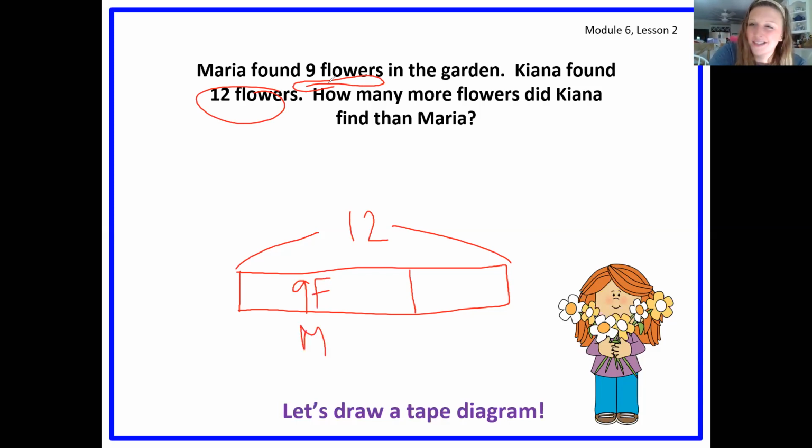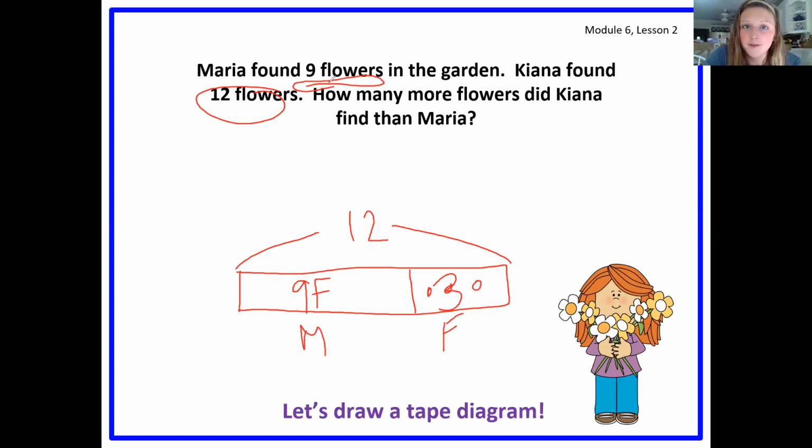And then I can say, oh, 9, I need to count on: 9, 10, 11, 12. Oh, the missing part, or the how many more flowers that Kiana found than Maria, was 3 flowers. So 3 flowers is how many more.